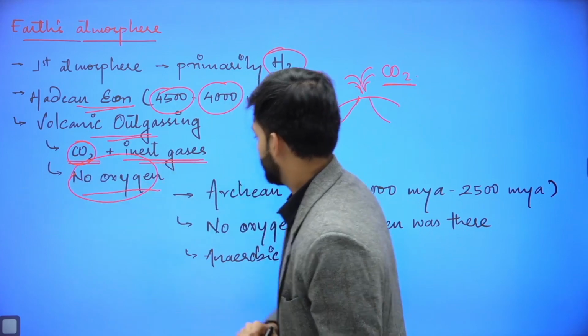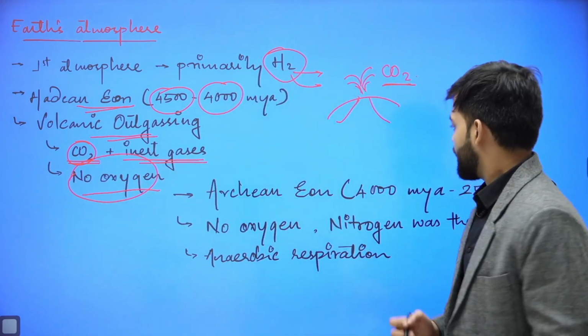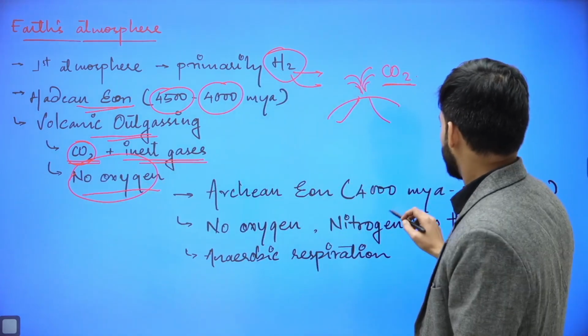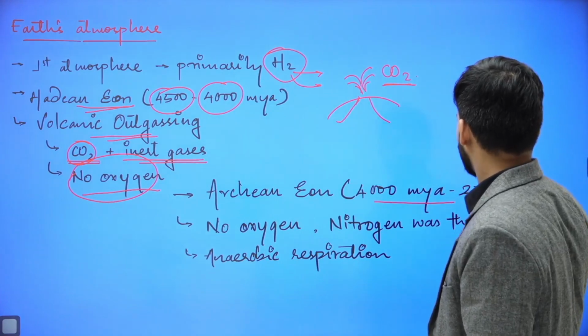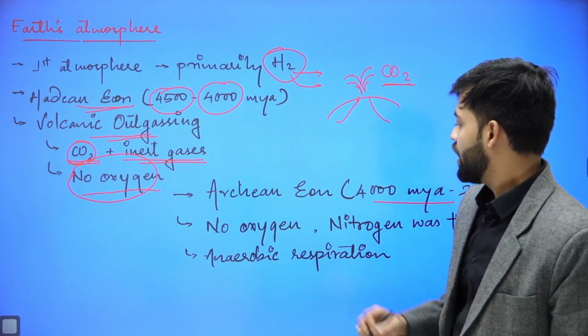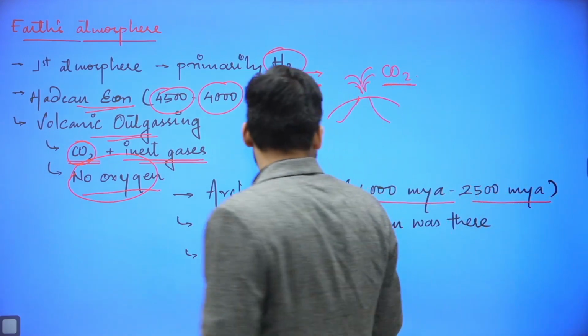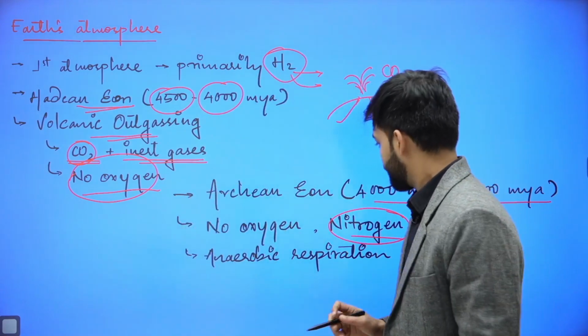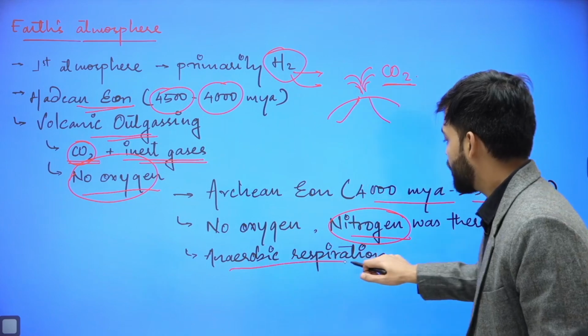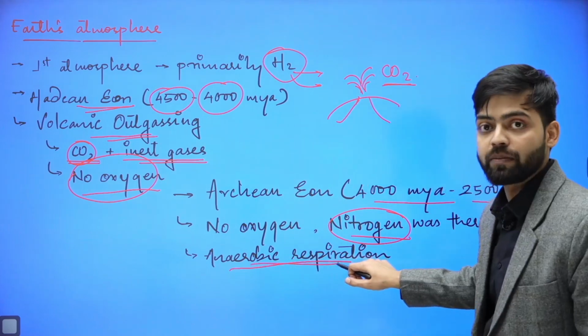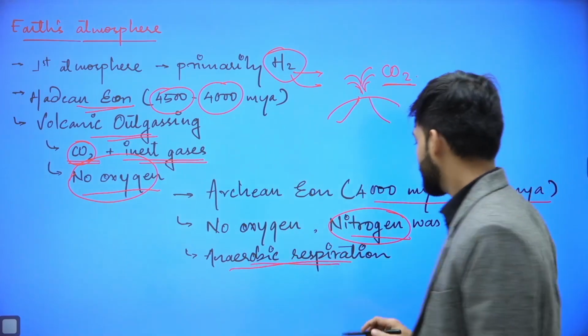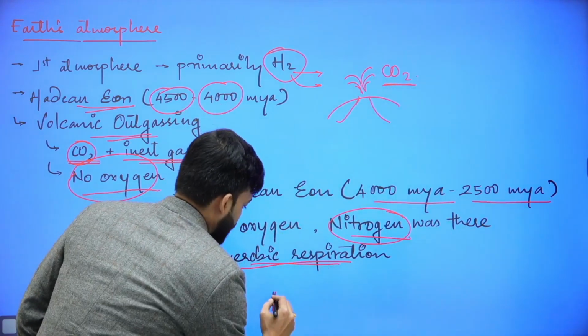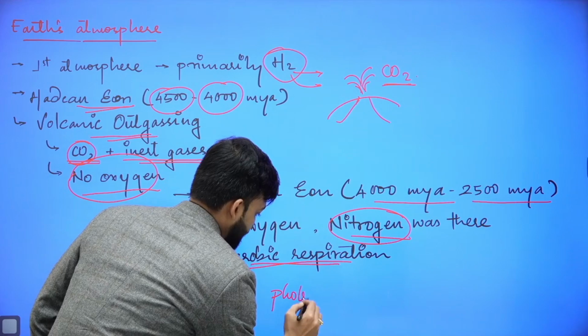whereas there was no oxygen in primordial atmosphere. During Archean eon also, that is 4000 million years ago to 2500 million years ago, there was no oxygen, but there was nitrogen. Now what nitrogen did was it helped in anaerobic respiration. Who did anaerobic respiration? The photosynthesizing cyanobacteria.